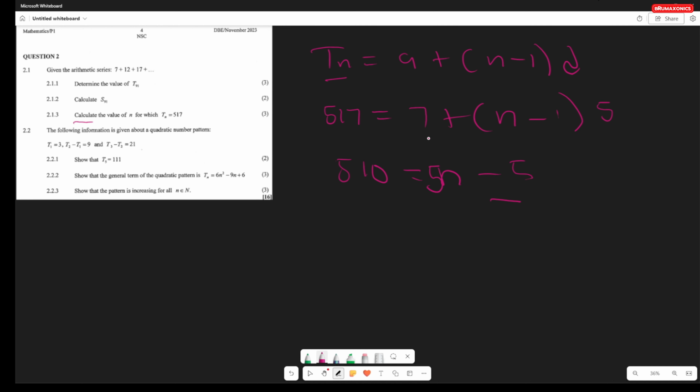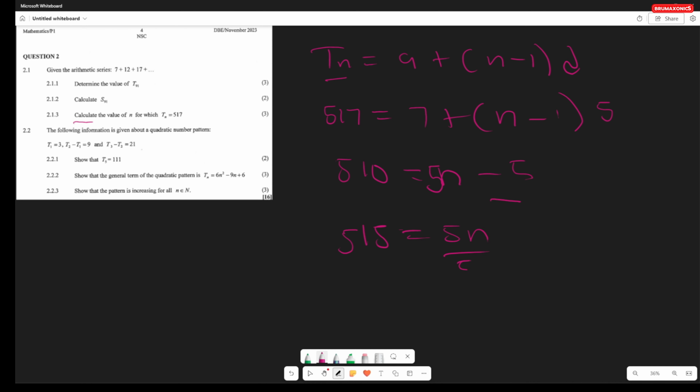So we are going to take this to the other side, and we are going to get 5. So 510 plus 5 will be 515, and this is equal to 5n.